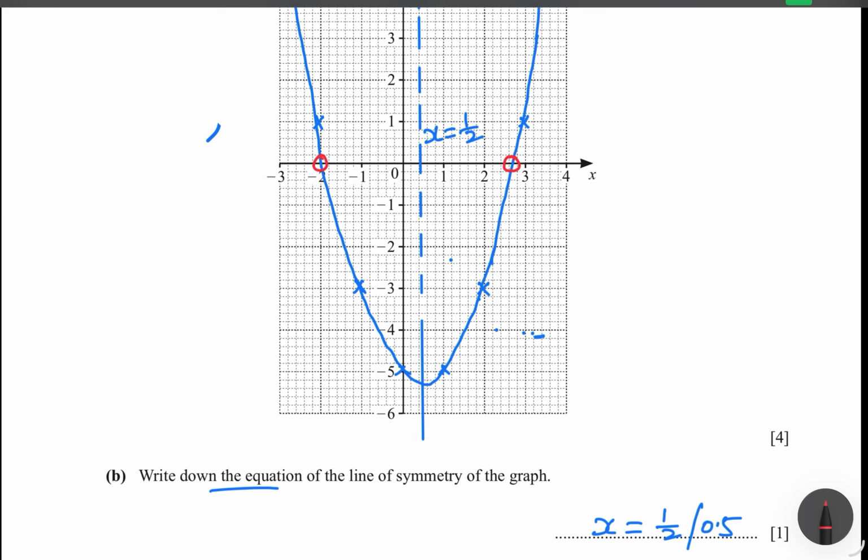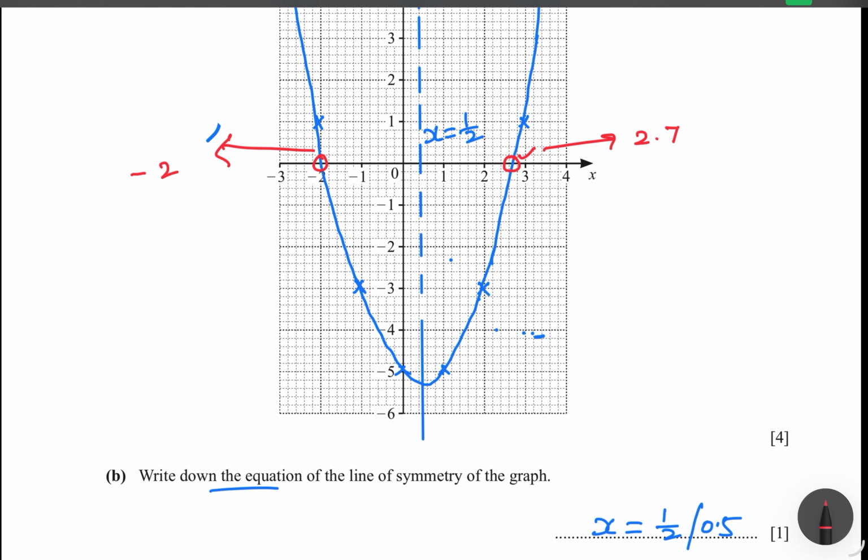It is around 2.7, and this side we have around negative 2, right?